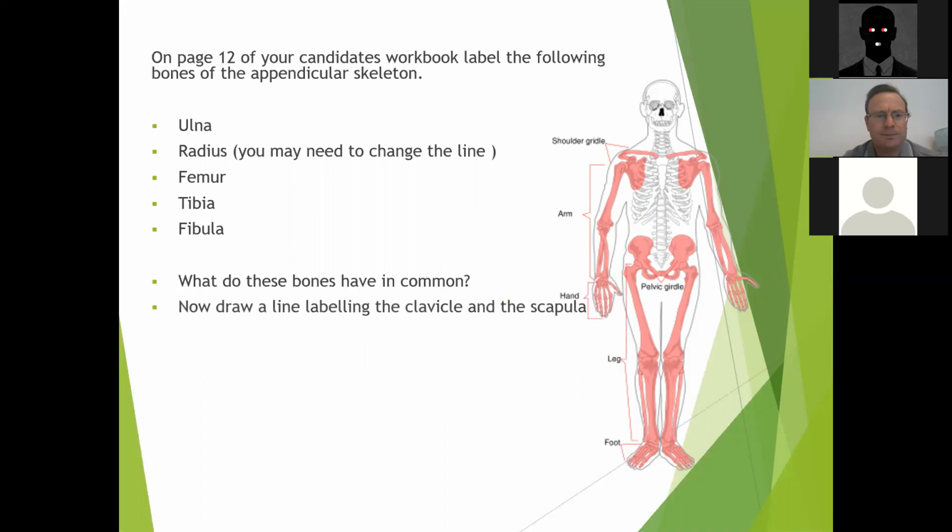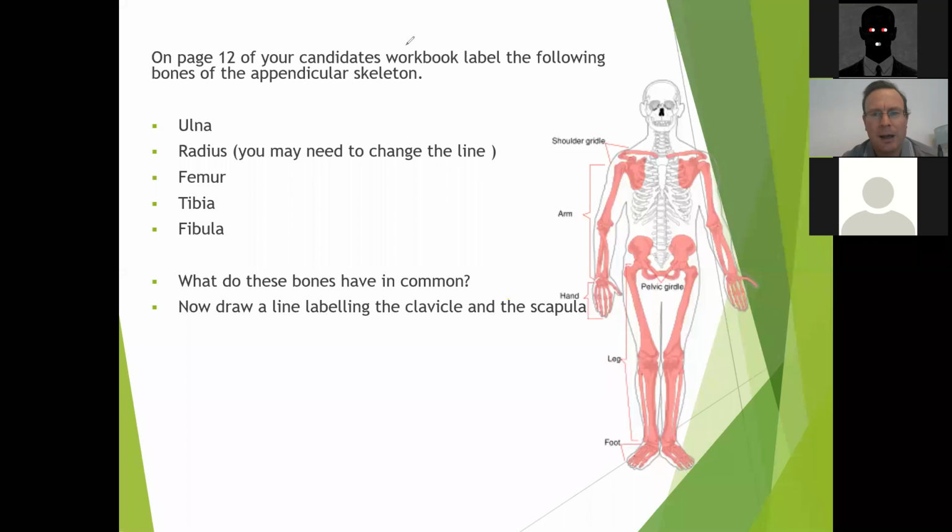So next question. Now, what I'd like you to do, you need to put these ones in yourself. So I want you to go to your workbook, and I want you to draw a line labeling the clavicle and the scapula. So what you're going to have to do is something a bit like this. Put a line on that clavicle, or we'll go the other way around actually.